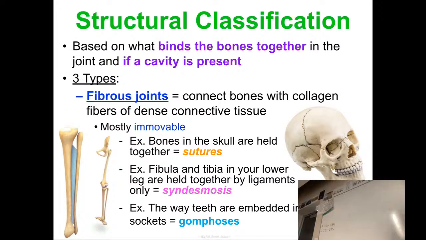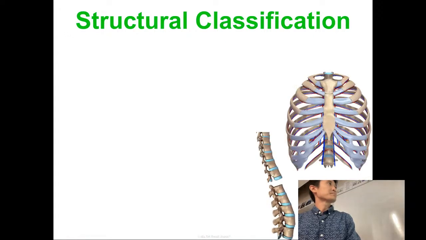They have collagen fibers that hold that together. That's called a syndesmosis. And then the bones in your head are called sutures. Okay, but for the test, you need to know them as fibrous joints. Just know that there are specific names for some of those fibrous joints. Okay, fibrous joints don't move. Made out of collagen fibers.